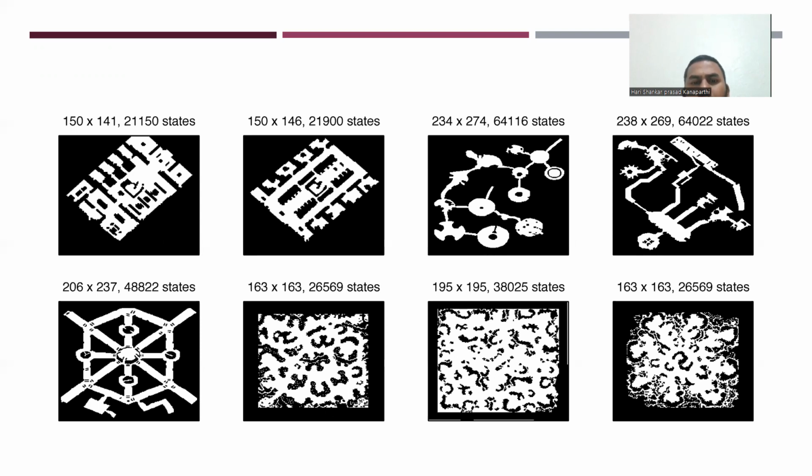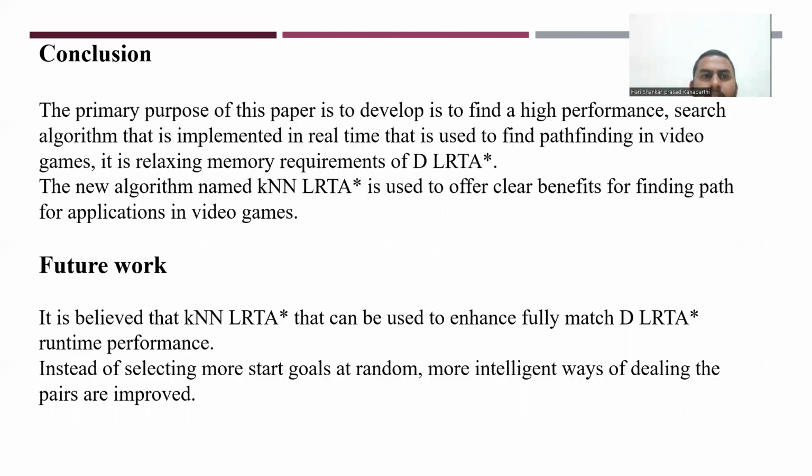So the rest 3 are taken from the video game called Warcraft 3. So these mappings will be having different dimensions, that will be ranging from 150 by 141 to 234 by 274.